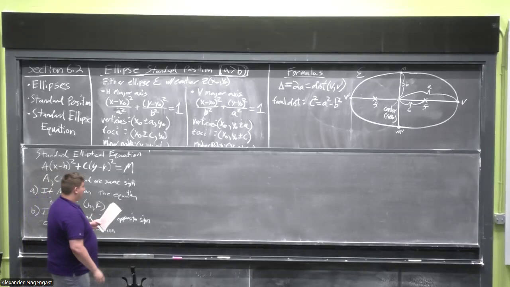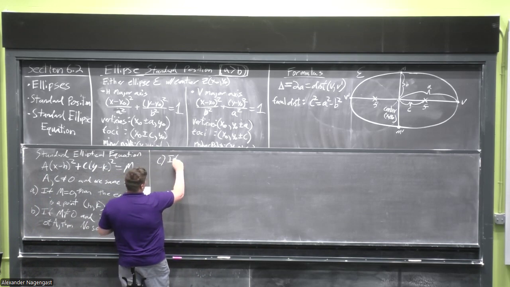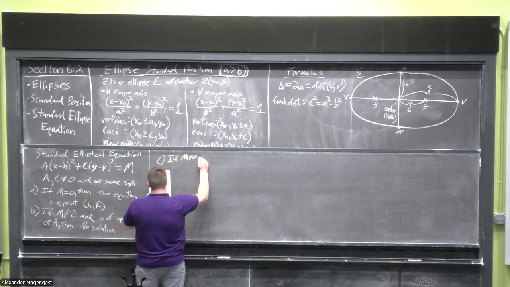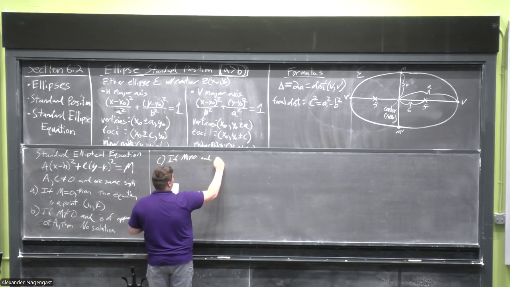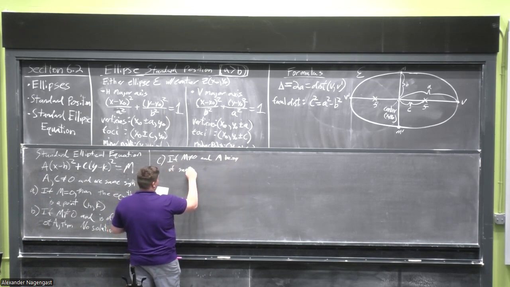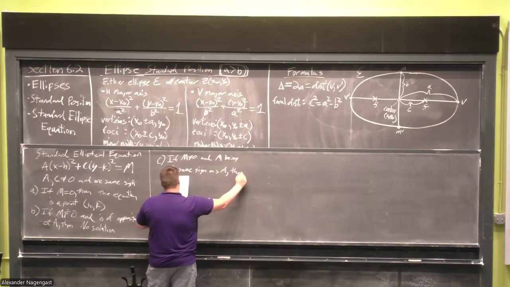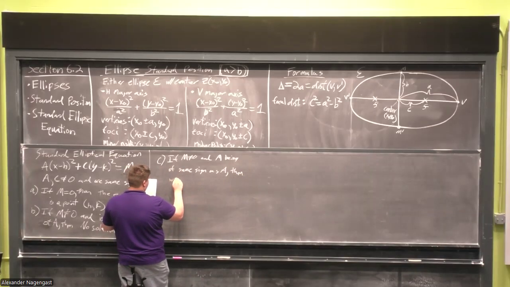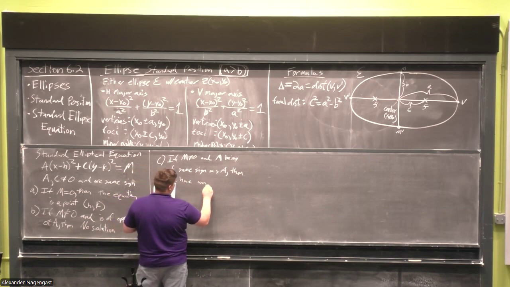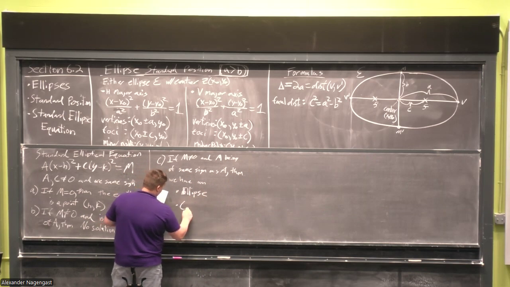And if M does not equal 0, we then have the last condition of M being of the same sign as A. Then we have an ellipse or we have a circle.